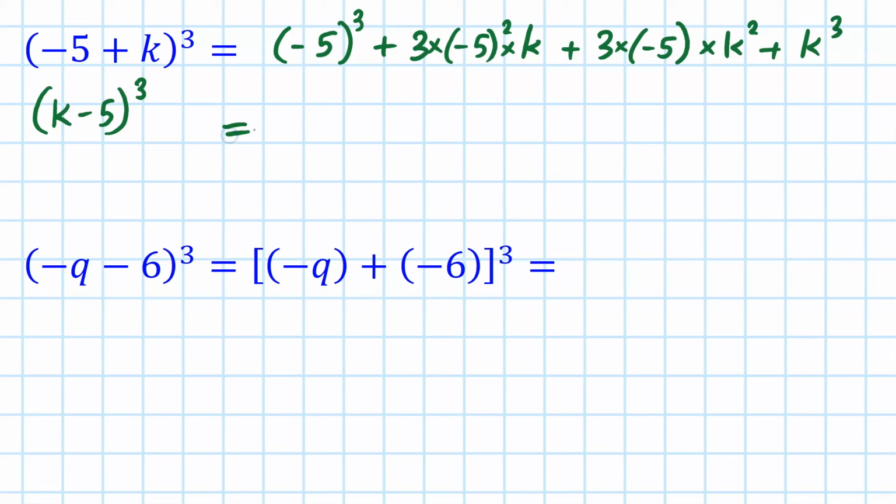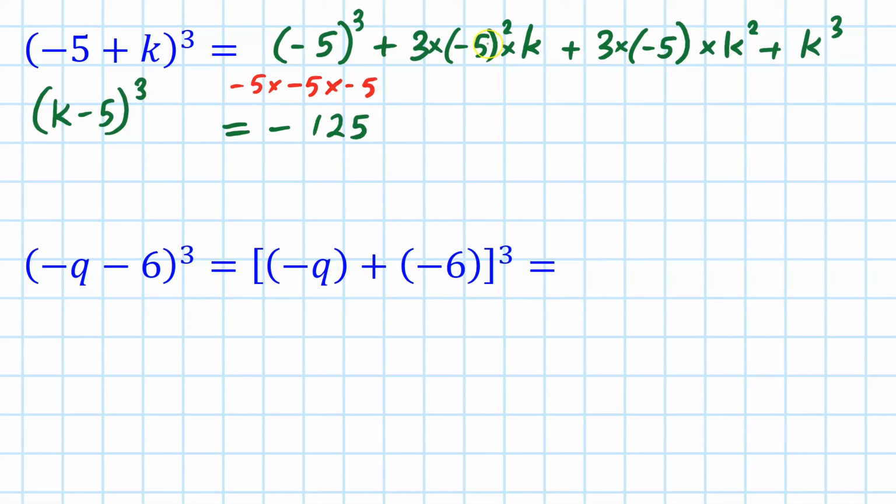Okay, let's simplify. Negative 5 multiplied by itself 3 times, so we have -5 times -5 times -5. -5 times -5 is 25, which is positive, and then again a negative becomes -125. You have to multiply by 5.